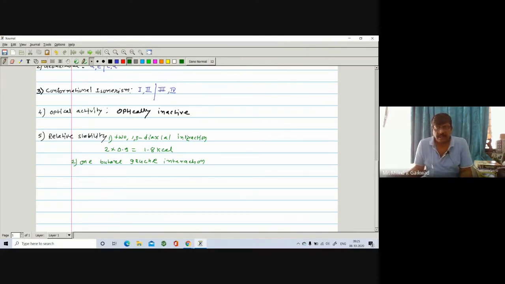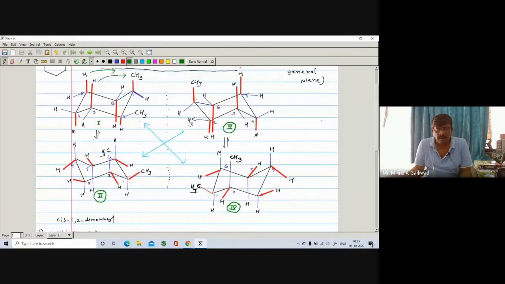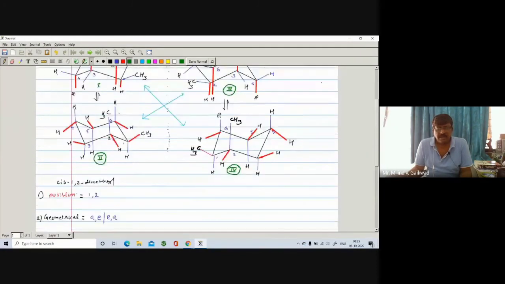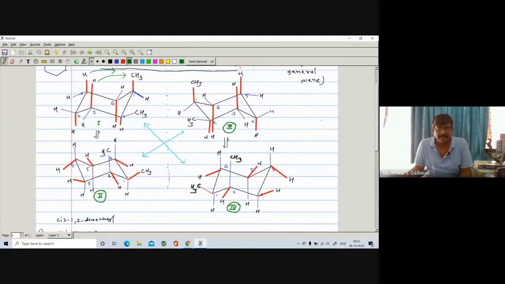So here there are two types of interaction. One is the 1,3 diaxial interaction, and the second is one butane Gauche interaction. How is there one butane Gauche interaction? Here there is a methyl, 1, 2, 3, 4. If you see from this direction, this methyl and this methyl are Gauche to each other. When they are skew or Gauche to each other, you have to add 0.9 kilocalorie per mole energy, that you have learned in BSc first year.